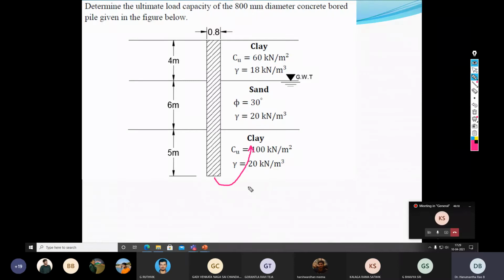Everyone please note down all these important points, because once you pass out and try to design any kind of foundation system, these are the basic guidelines. You might have to give such a demonstration in front of your higher authority, or for yourself to understand how to design a pile in layered soil.